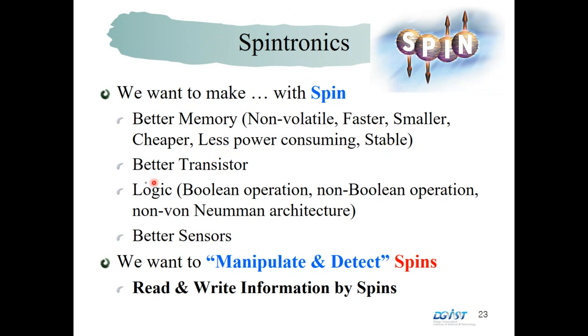We also want to make a better transistor, some kind of logic operation, and even better sensors with the spins. That's the meaning of spintronics. In order to make such devices with the spins, we have to manipulate and detect the spin state. That means we have to read and write information with the spins. That's the goal of spintronics.